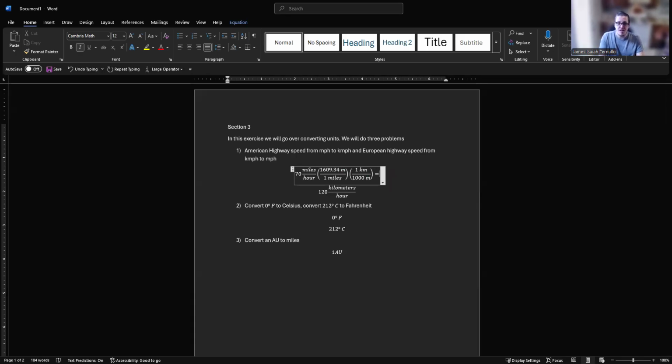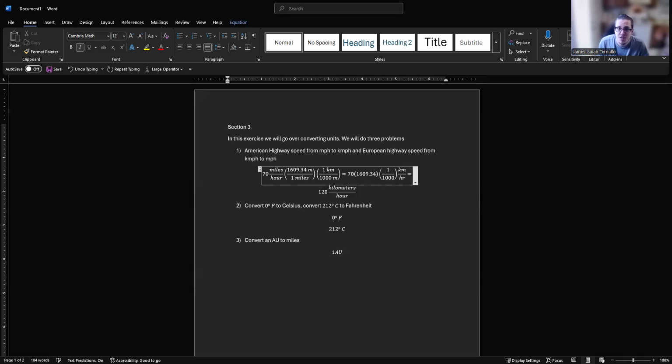And remember I said that once we get to this point, let's focus on the numbers. And so we can see that this is the actual math problem. And then left over, because we did all this work already, are the kilometers per hour.